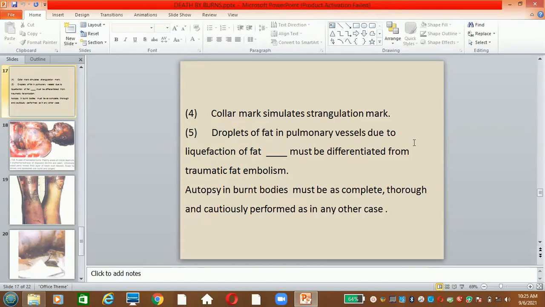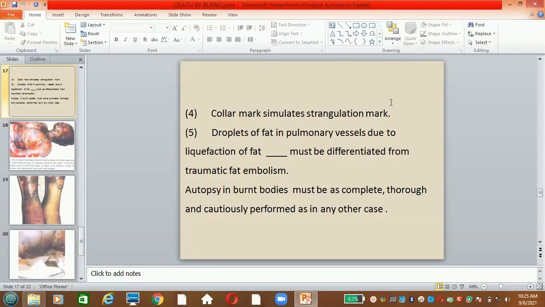This band-like area may resemble ligature mark of strangulation. It is not a ligature mark of strangulation. In fact, it is the effect of burns. Some piece of cloth of shirt collar remains intact, and when it is removed, underlying area is normal. It resembles the ligature mark. In fact, it is not a ligature mark.